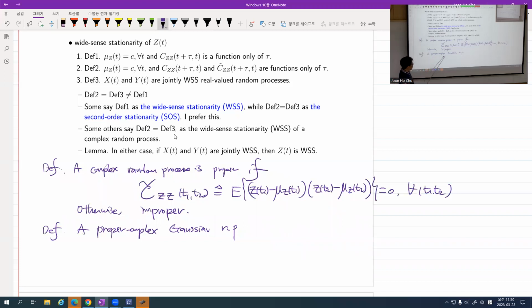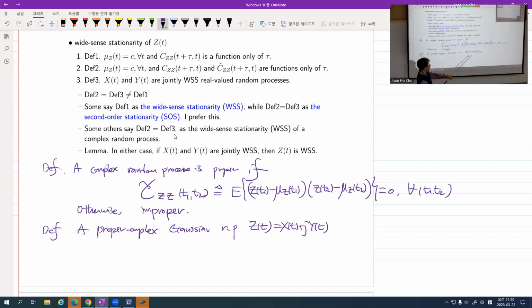But this is a complex random process, so actually we are given 2 real random processes, the real and the imaginary parts. Simply, first, Gaussianity means these 2 random processes, as real valued random processes, are jointly Gaussian.